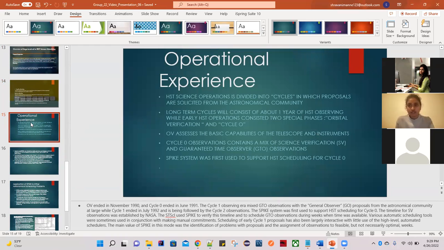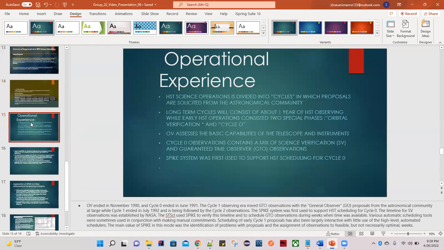For operational experience, HST science operations is divided into cycles in which proposals are solicited from the astronomical community. A long-term cycle will consist of about 1 year of HST observing, while early HST operation consists of special phases, orbital verification and cycle 0. OV assesses the basic capacity of the telescope and instruments.